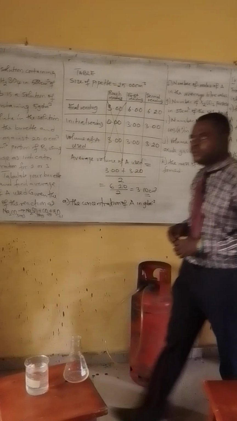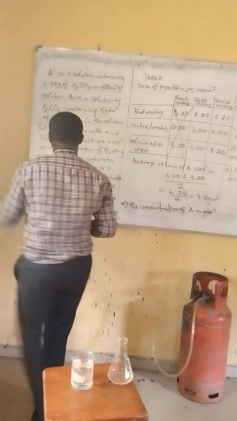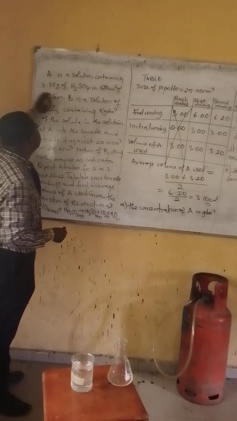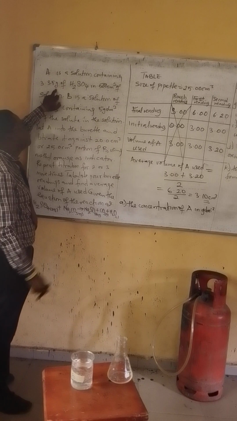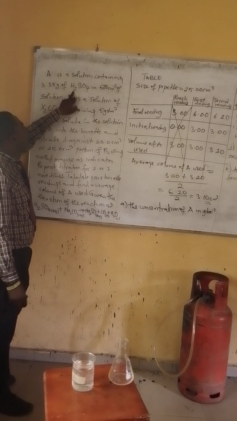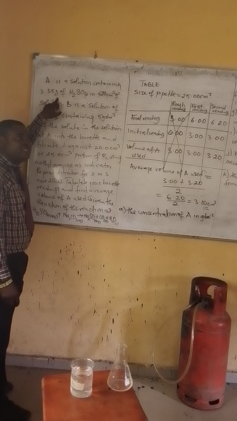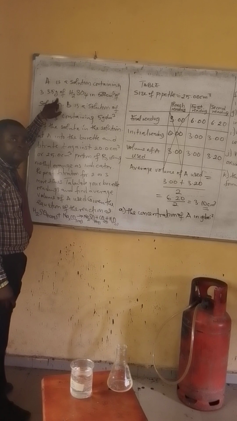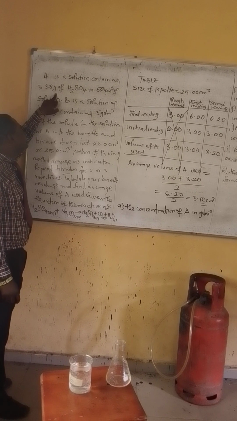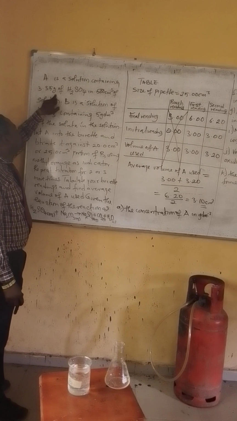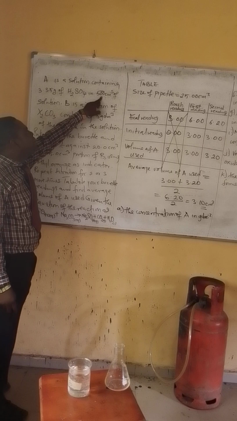Let's go back to the question. In the question, they say A is a solution containing 3.35 gram of H2SO4. This is gram, mass. The unit of mass is gram, not the unit of concentration. So this is an unstandardized solution of H2SO4 in 500 cm3.